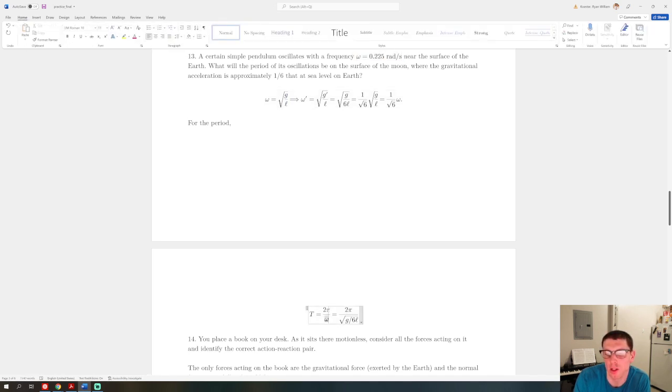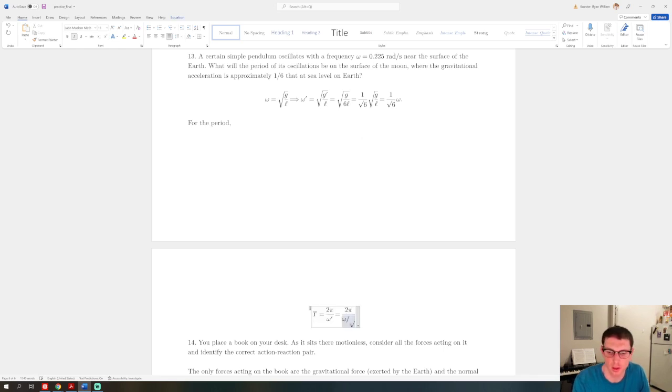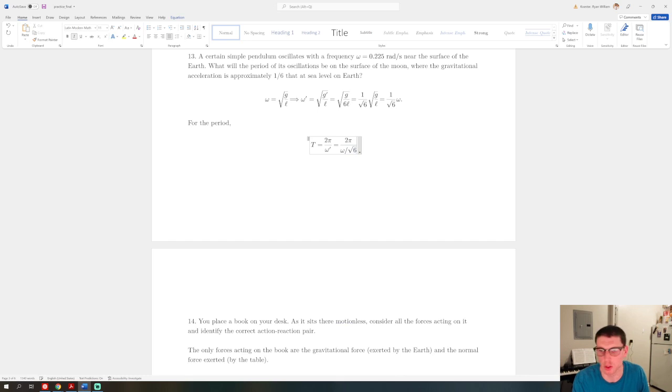So what we do is, this should be omega prime. I'm just getting warmed up, okay? The period is 2 pi over omega divided by the square root of 6. And this is what you were supposed to do.